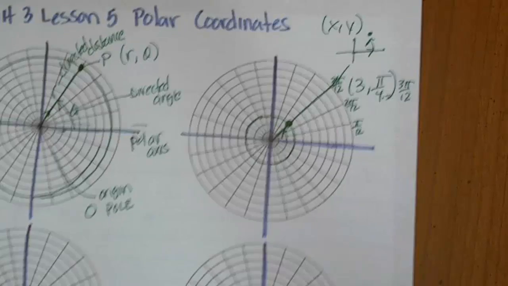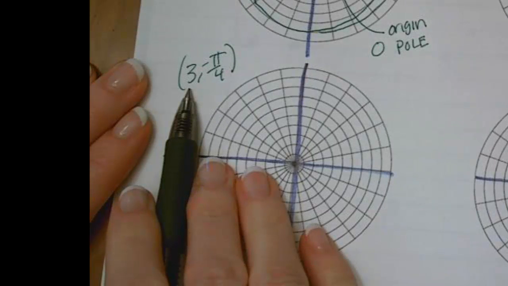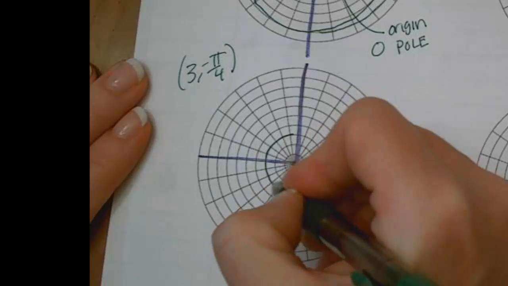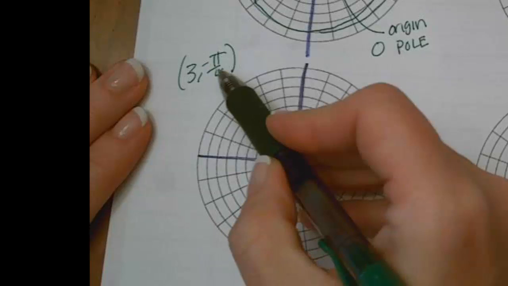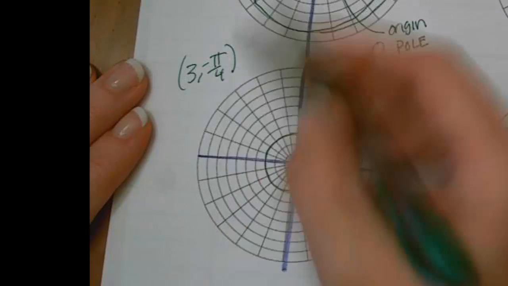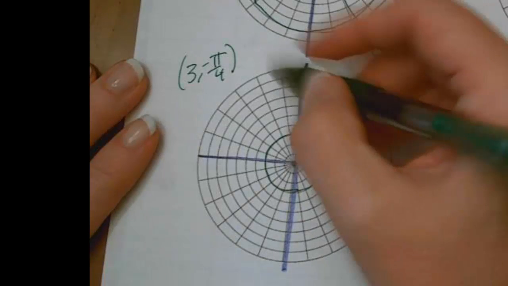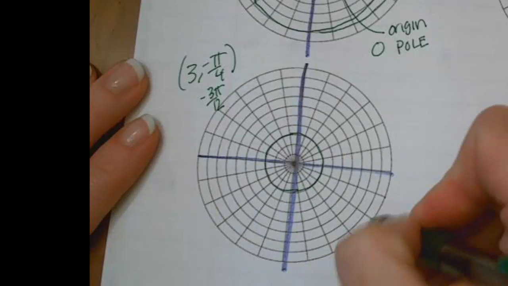Now let's graph 3, negative pi over 4. What does not change is the circle. I'm still looking at that third concentric circle, so it kind of looks like a bullseye. But what has changed is that I'm at negative pi over 4. For those of you who need this, I know not all of you will need to convert to 12ths, but this is negative 3 pi over 12. So negative 1 pi, 2 pi, 3 pi.